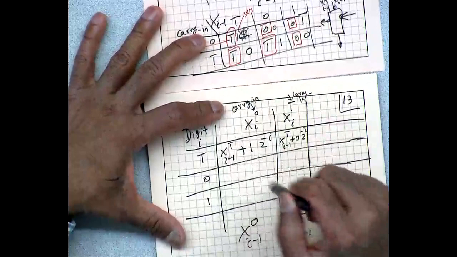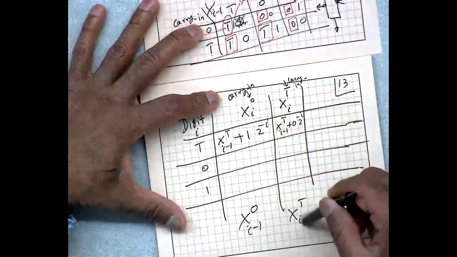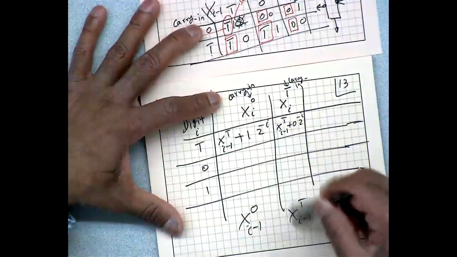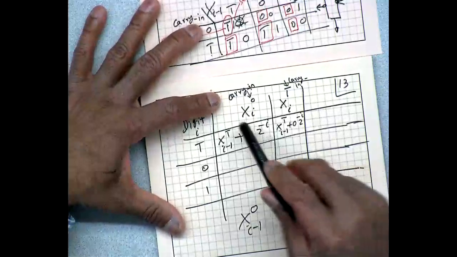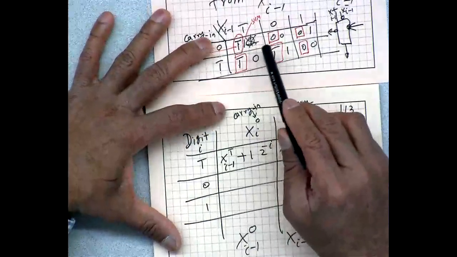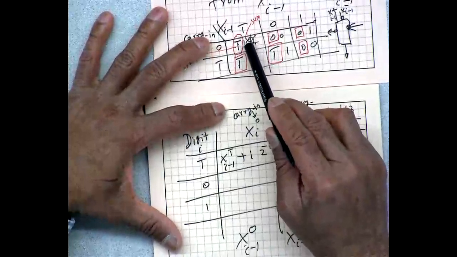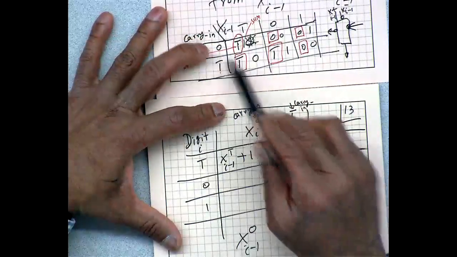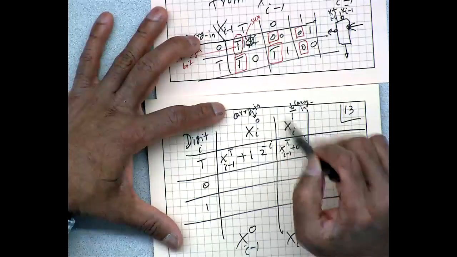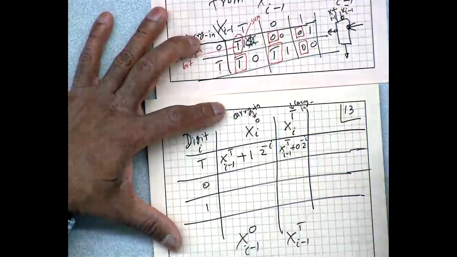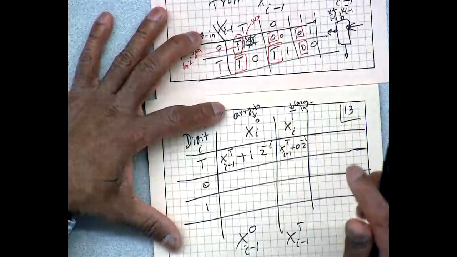So I take the previous 2's complement number computed so far, assuming the carry input was 1 bar, and append to that 1 if the carry input is 0, or 0 if the carry input is 1 bar. Okay, so that's when the digit is 1 bar.